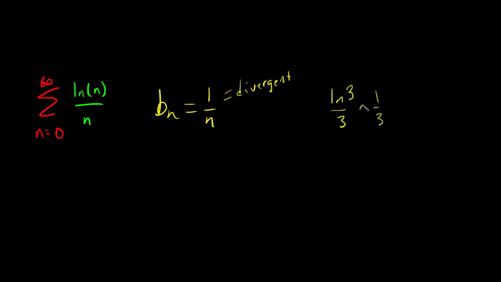So this is one of the only times that it's not. 3 is your cutoff point, actually. So for all values greater than or equal to 3, this function right here is bigger than this for all n greater than or equal to 3.